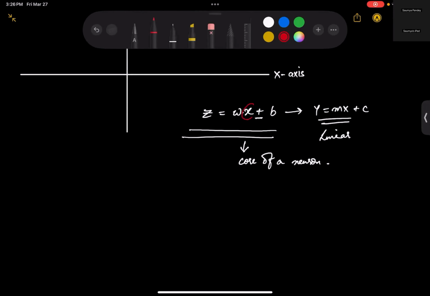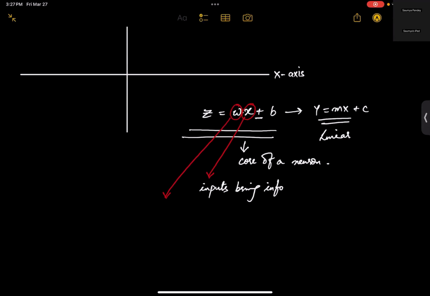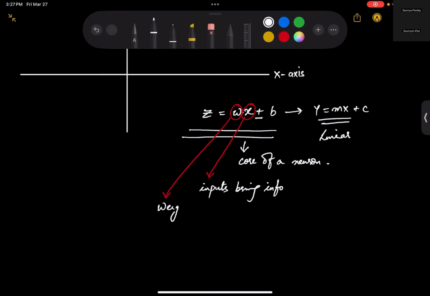So this X here and then this W here. What are these? This X here is input. And inputs bring us information. And then this W here represents the weights.